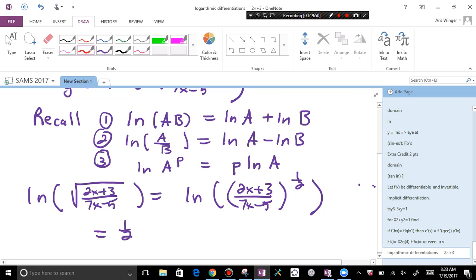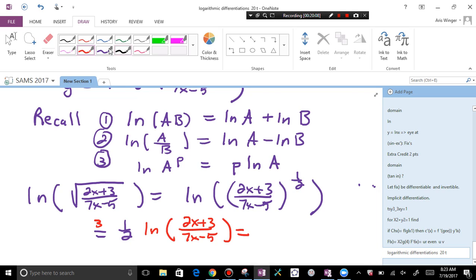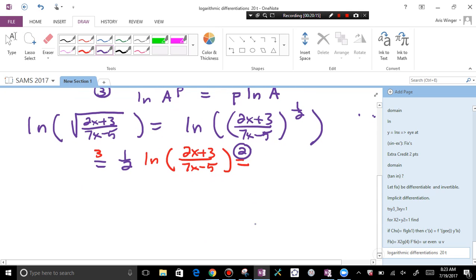By rule 3, I can bring the power in front, so this is 1/2 the natural log of 2x plus 3 over 7x minus 5. Now dividing by rule 2, the difference of those: this is equal to 1/2 the natural log of 2x plus 3 minus 1/2 the natural log of 7x minus 5.